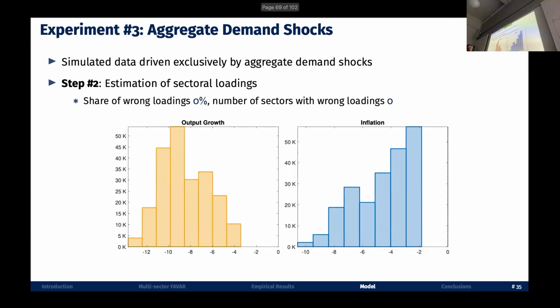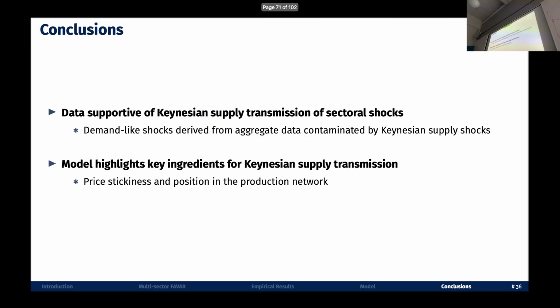But crucially, I'm going to get only negative loadings when I go to the second step. So that's just to give you a sense that it's an experiment in a more controlled laboratory. Maybe you have another story in mind, and maybe that story is still valid, but this more controlled experiment lends credibility to our interpretation. So let me just stop here.